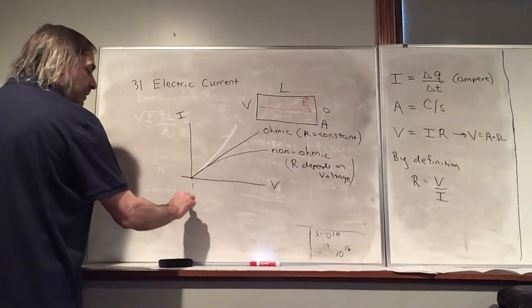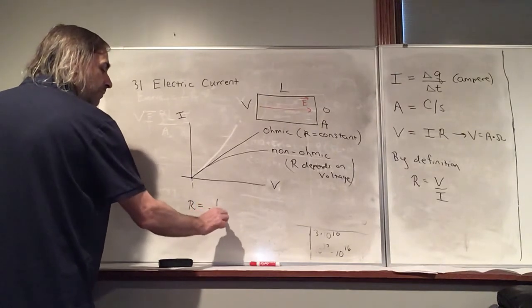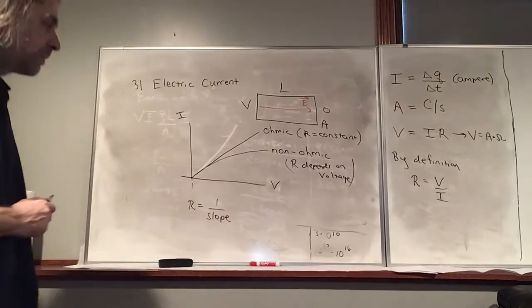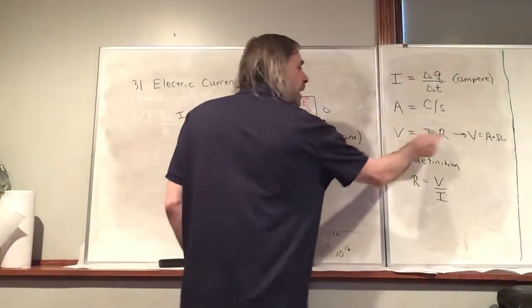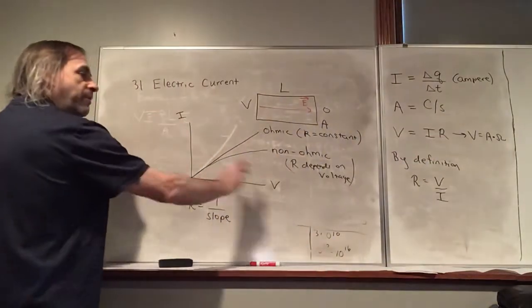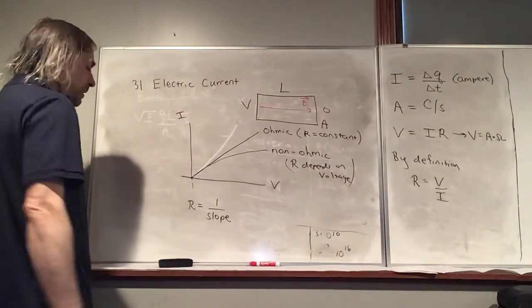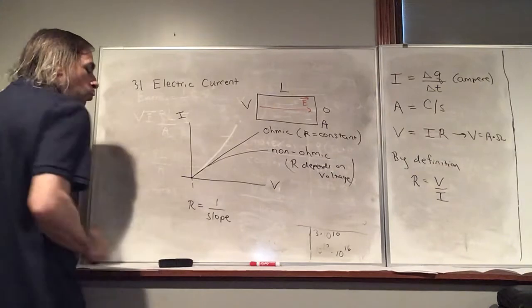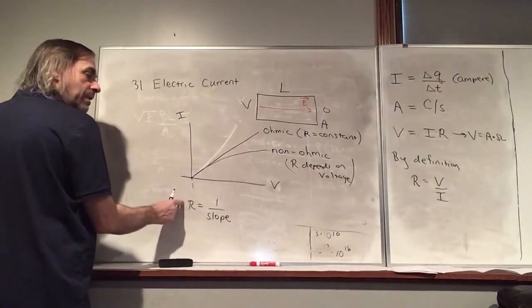So again, here the resistance would be 1 over the slope on this graph. Let me just double check, make sure it's 1 over the slope. Yeah, if you plot the voltage as a function of current, then the resistance would be the slope. This one's kind of upside down. So yeah, the resistance is 1 over the slope. But again, if the slope is constant, resistance is constant.